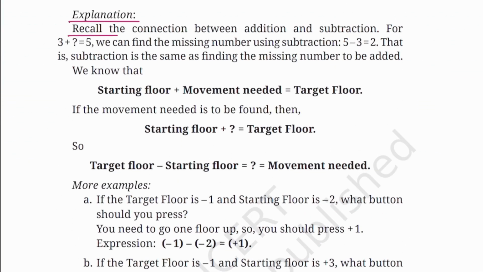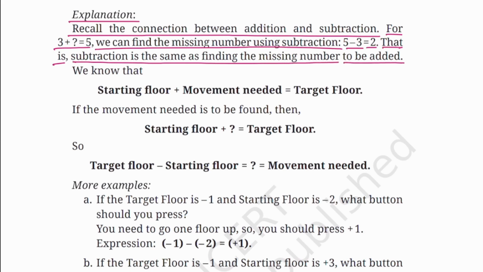Explanation. Recall the connection between addition and subtraction. For 3 plus question mark is equal to 5, we can find the missing number using subtraction. 5 minus 3 is equal to 2. That is, subtraction is the same as finding the missing number to be added.